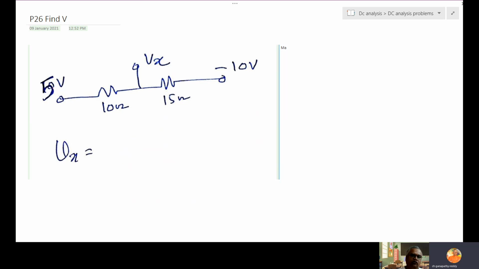Here there is 5 volts this side, minus 10 volts this side, 10 ohm, 15 ohm. In the middle, find the Vx. We can solve in so many ways. The best way is the superposition principle. If I use the superposition principle, Vx equals Vx1 plus Vx2.